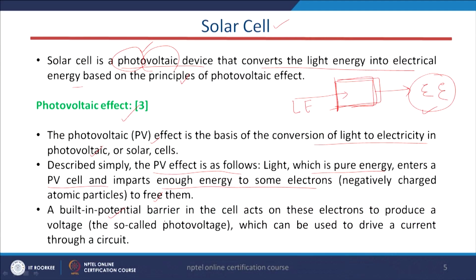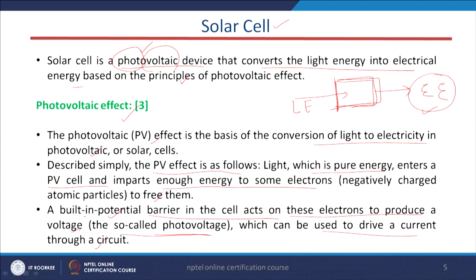A built-in potential barrier in the cell acts on these electrons to produce the voltage, so-called photovoltage, which can be used to drive a current through a circuit. Basically, this potential barrier acts on these electrons to produce a voltage, and that voltage will drive a current through a particular load, the load which is connected across the terminals of this solar cell.